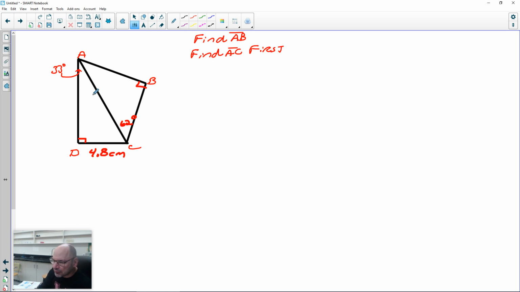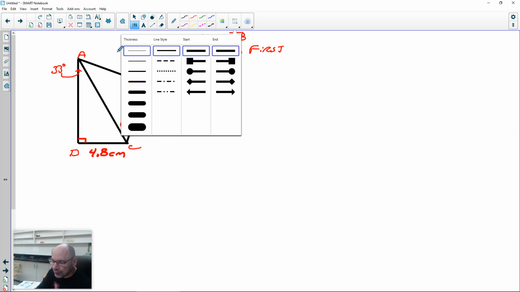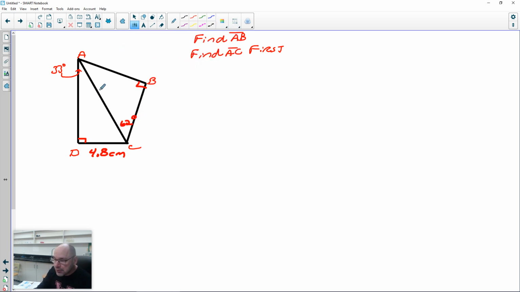Okay, we're going to do the common side, so I'm going to do that in green here. So that's going to be opposite and hypotenuse based on this ADC triangle here. So we're going to use this 32 degrees. We've got opposite and hypotenuse, so this would be sine 32 degrees equals 4.8 over h.